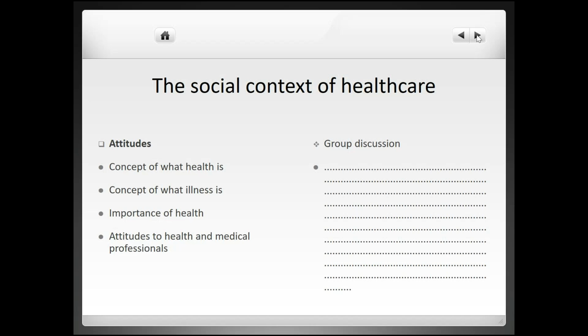If it's complete, then the person is healthy. That is the definition of the World Health Organization, right? That is the standard definition of what is health. But then people's attitude within different cultures, different countries, have different interpretation about what is health, right?